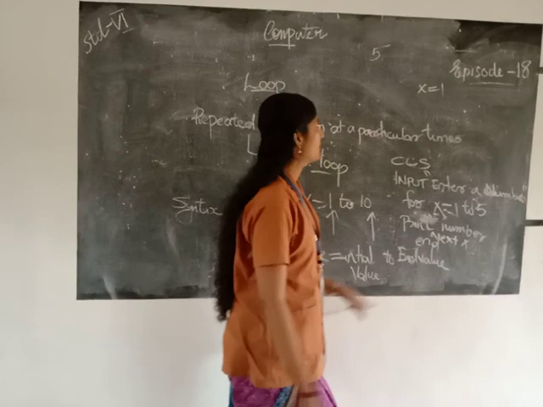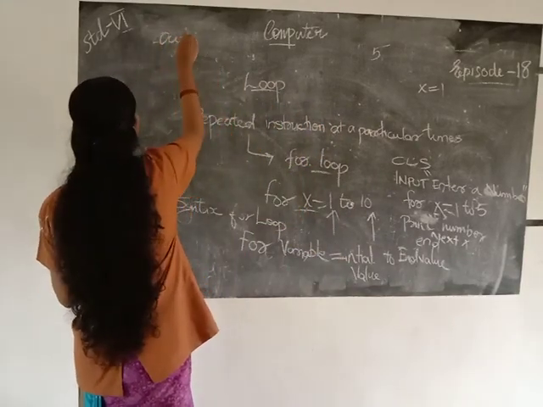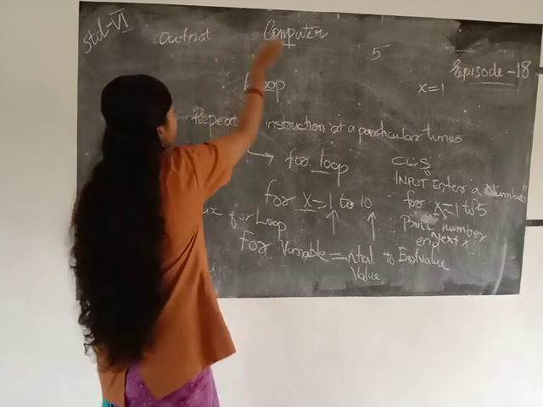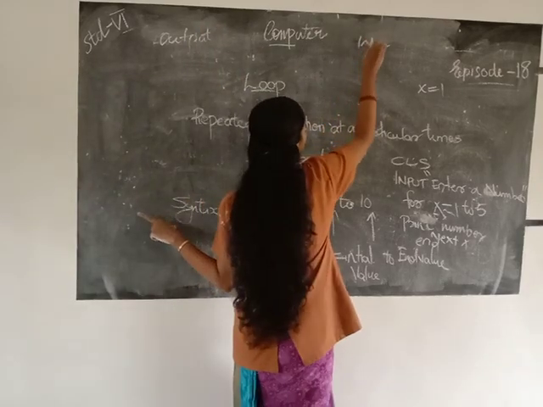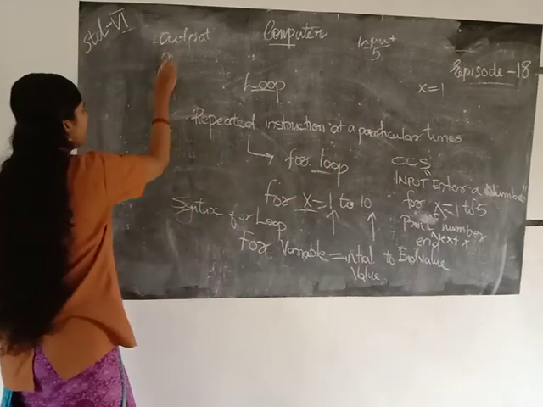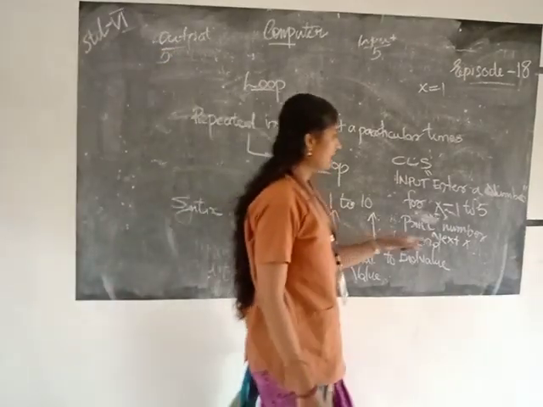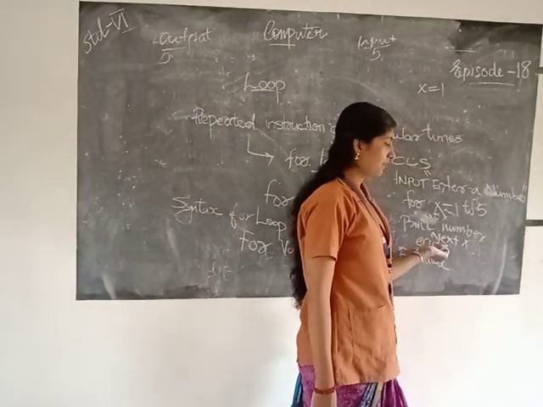Then print that number. So printing the number is the output. Here is the input. So first we entered number 5, so the output is 5. Then increment the value of x.